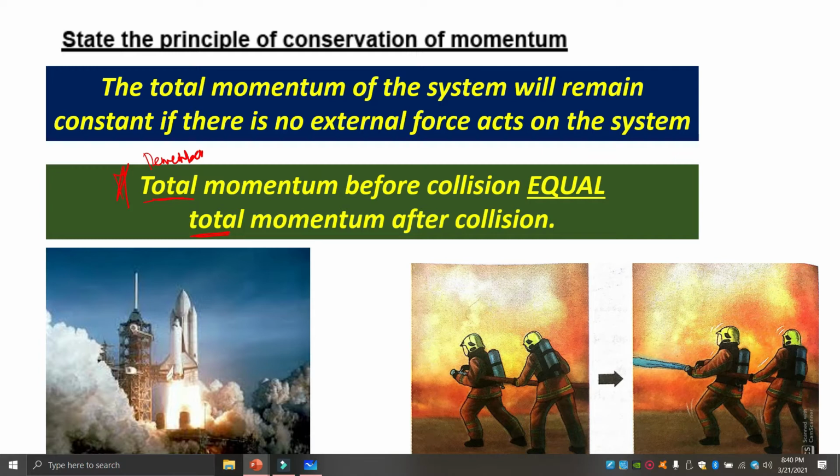But that one is actually wrong, because we know the principle of conservation of momentum: before and after, the total momentum must be the same. So they just take out the word total, because they want to see whether you actually understand the principle of conservation of momentum. So you must have the word total. When we see the elastic and inelastic collision, you will see why you need to put the word total.